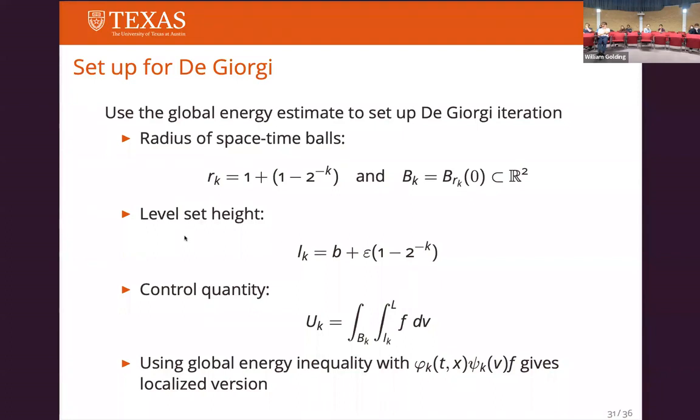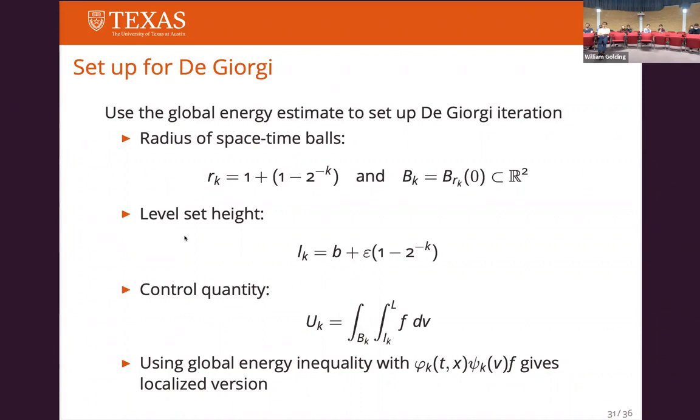And because it's a system, this is where things diverge from the scalar case. You can't subtract off something from a system and say, take the positive part. Types don't work. So in this study, we try to localize the energy inequality. And here, because we're shrinking in velocity space, you have to localize in velocity.